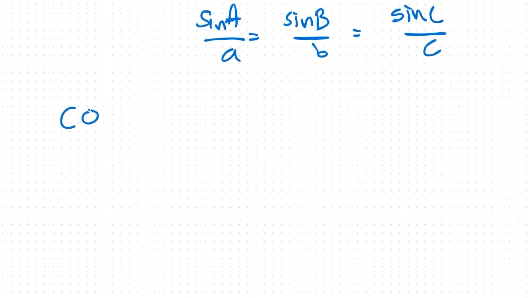The next one is cosine law. Cosine law means there is a formula for cosine.